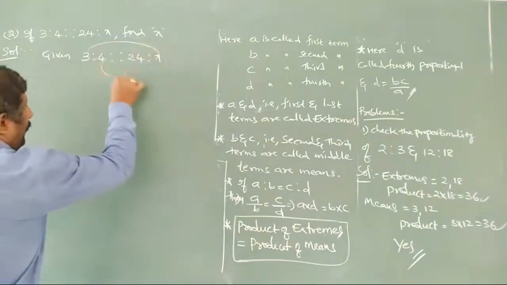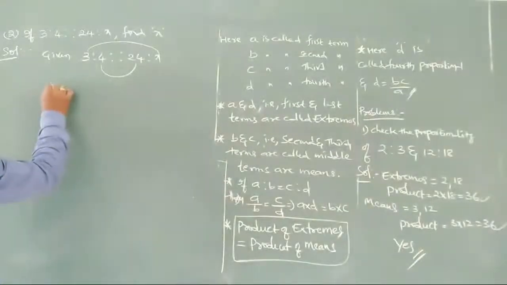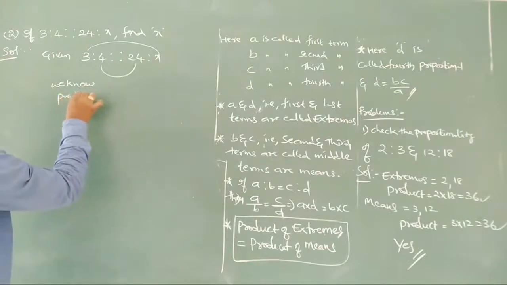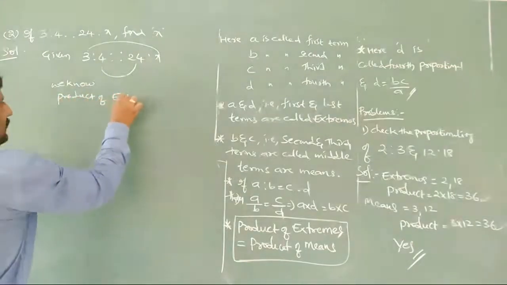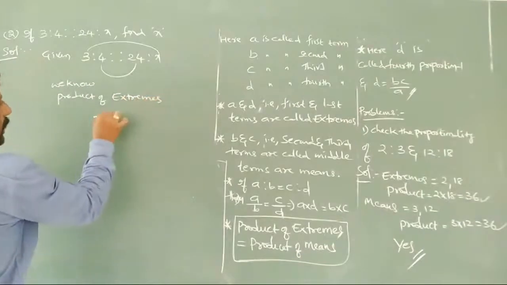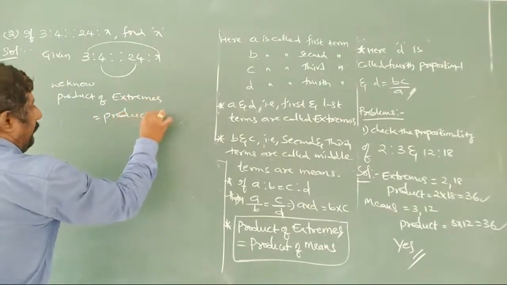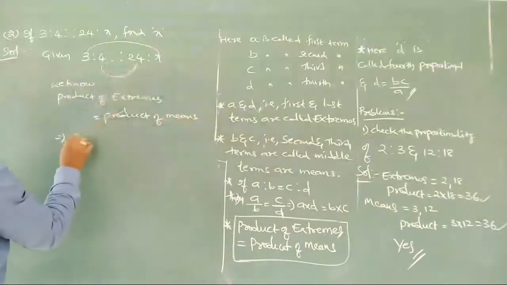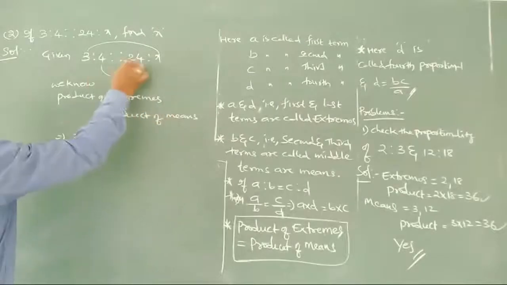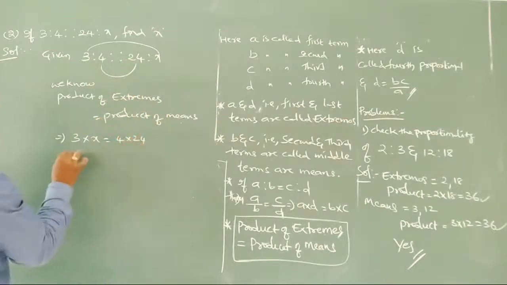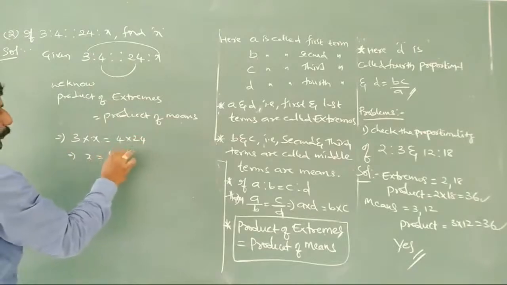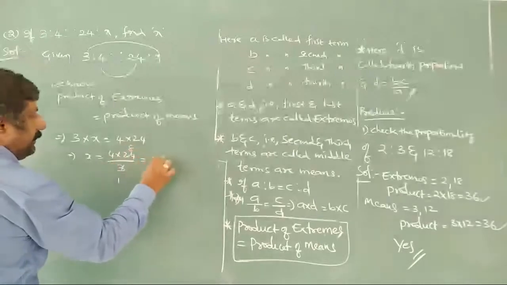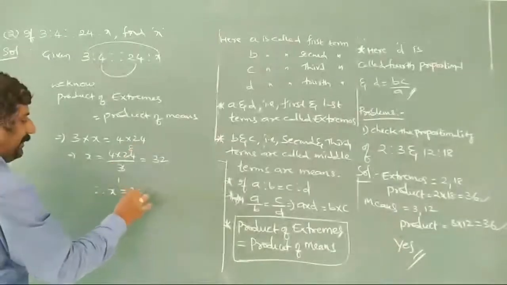What are means? 4 and 24 are means. So 3 into x is equals to 4 into 24. So x is equals to 4 into 24, transposing the 3: 3 ones are 3, 8 fours are 32. So therefore x value is going to be 32.